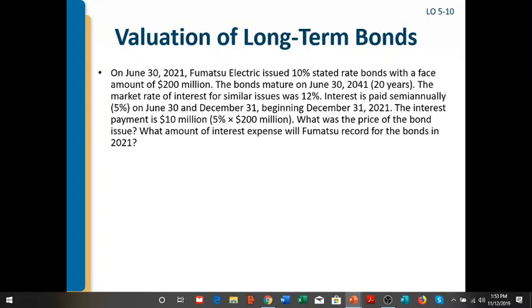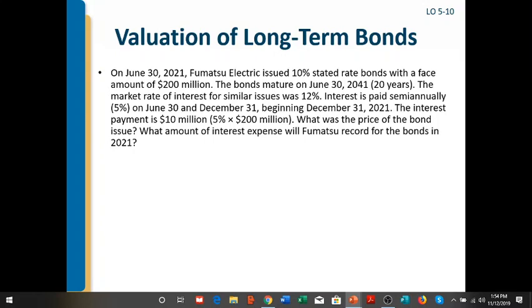So to make this bond competitive, since the rate is only 10%, they're going to have to reduce the price of the bond so that the buyers end up receiving the equivalent of 12% interest on the payments, as well as the face value of the bond.